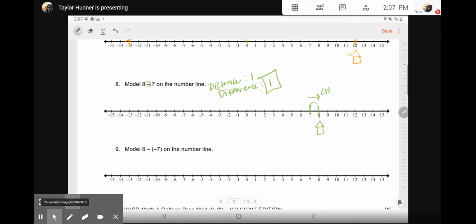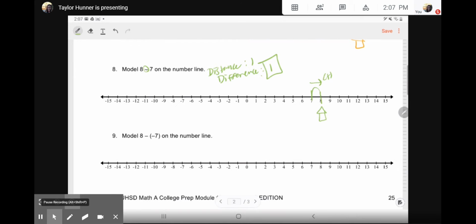Number 9 says 8 minus -7. So we're going to kind of compare these two. That's my operation now. And I still again start at 8, but now I end up all the way over here at -7. So I end up way further away. And in order to get back home, wait a minute, I'm still going in the positive direction to go back home.